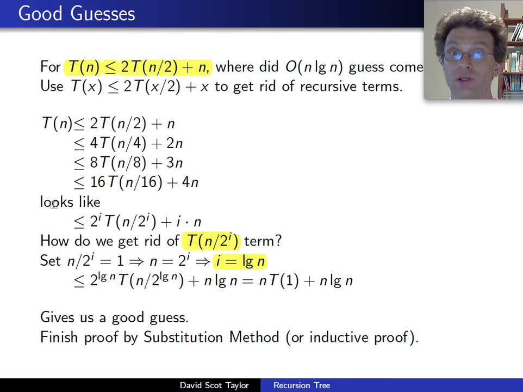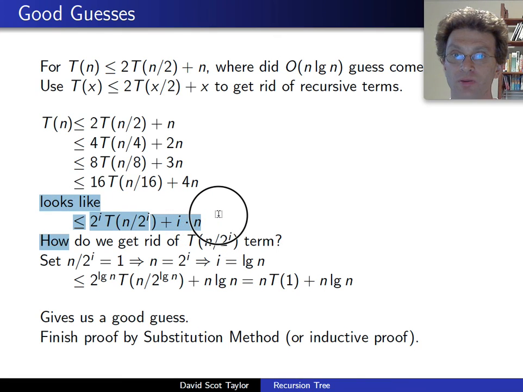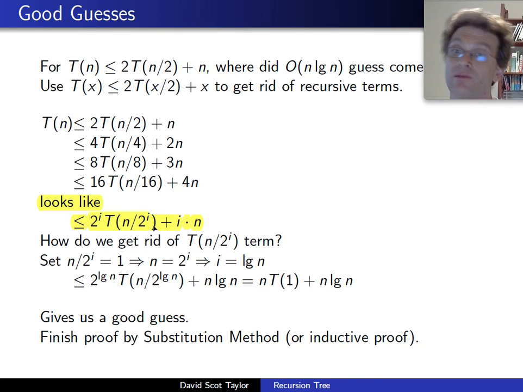Or I could get rid of this line and replace this section with a little inductive proof to show me that this line does in fact hold. And if I did that, this would be a complete proof. Okay, that'll be it for today.